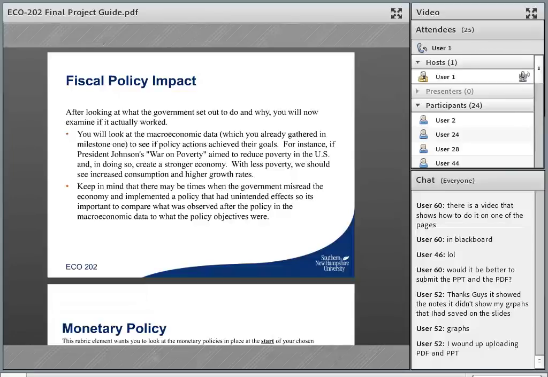Did they increase growth rates? Did they increase consumer spending? Did they increase business investment? Maybe you could even look at things, we haven't started this yet, but for your final draft, you could even look at how exports and imports and exchange rates were impacted.